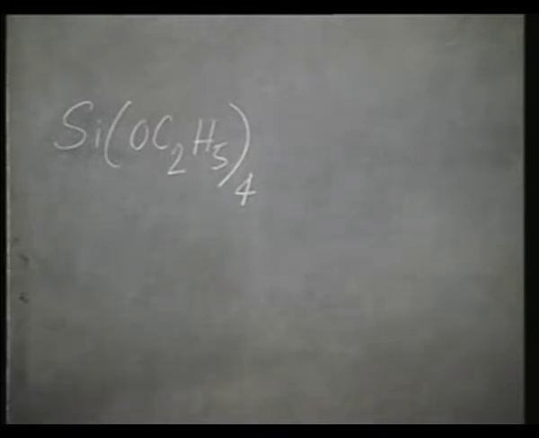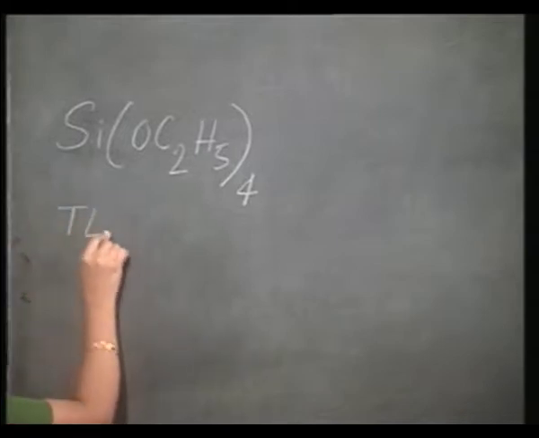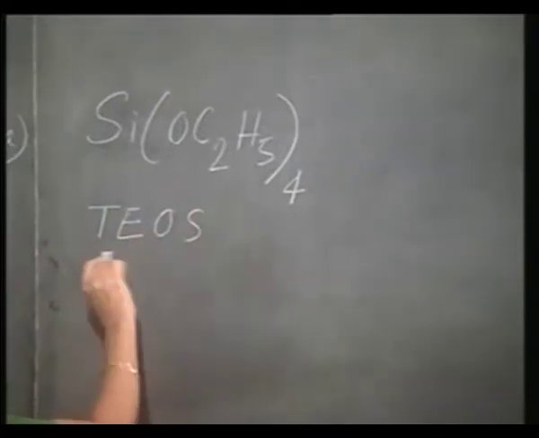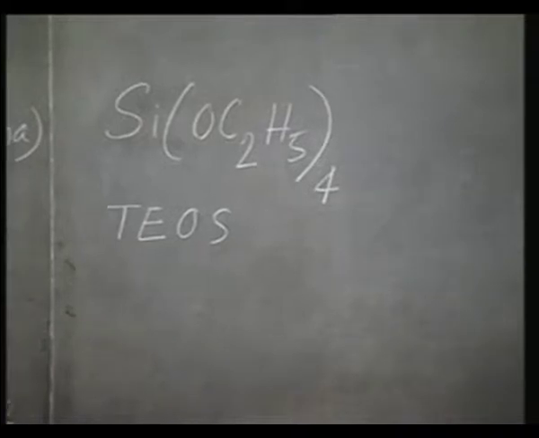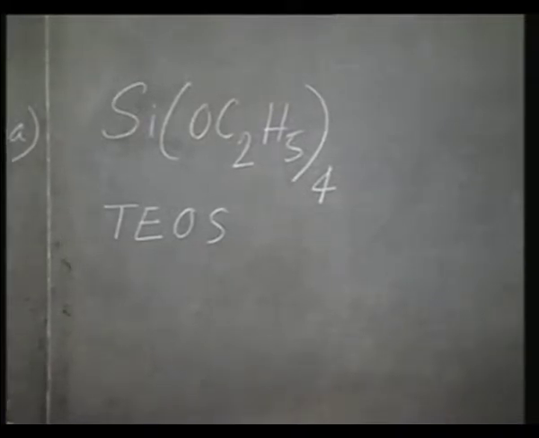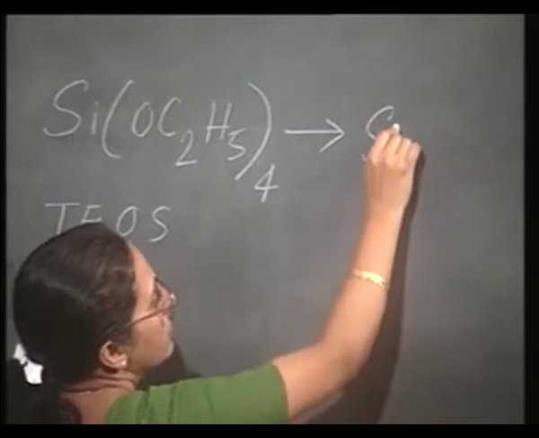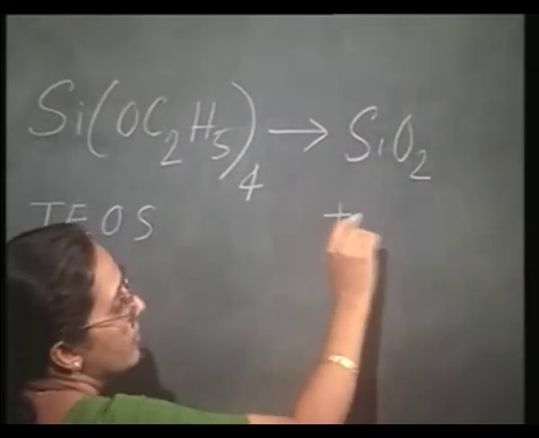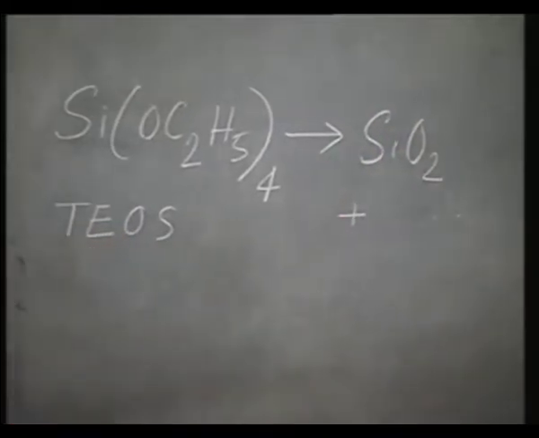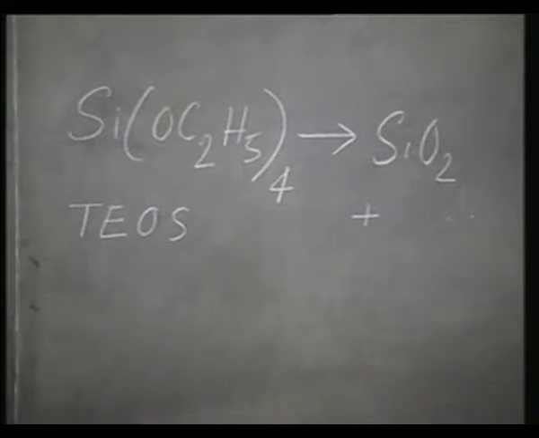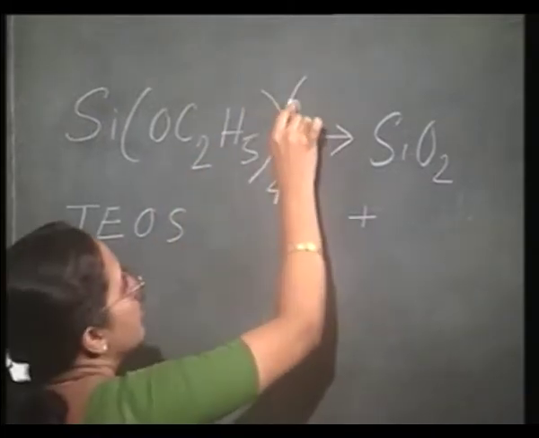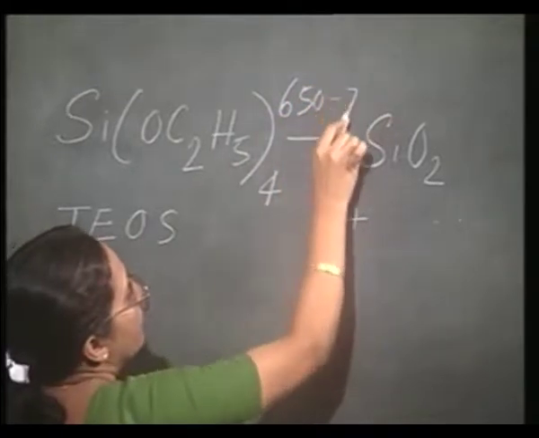So, it is called tetraethoxysilane or commonly TEOS. So, this is another common route, you simply decompose this and it gives you silicon dioxide plus various byproducts. So, simple thermal decomposition of tetraethoxysilane, and this temperature is about 650 to 750 degrees centigrade.